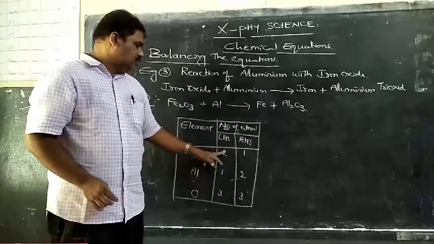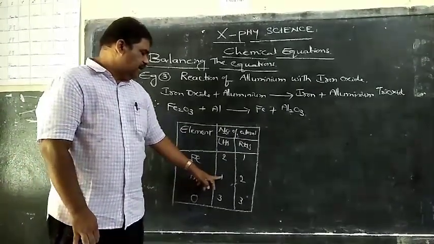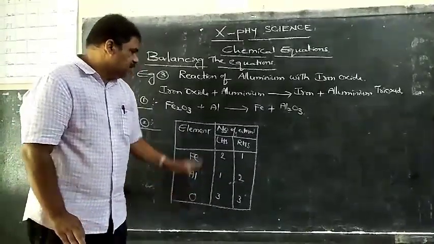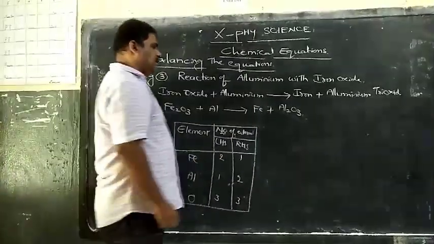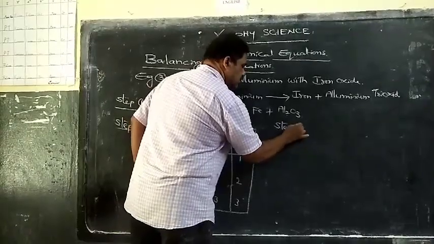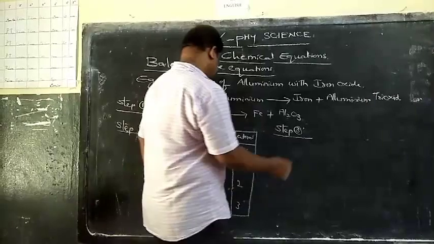So these are the numbers of atoms present on the left side and right side. Iron: 2 iron atoms on the left side, 1 on the right. Aluminium: only 1 atom on the left side, two atoms on the right side. Oxygen: both sides have the same number of oxygen atoms, 3. Now step 3. Now we should balance the equation.